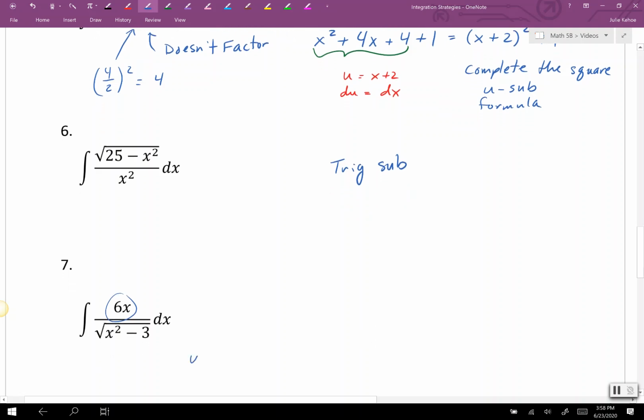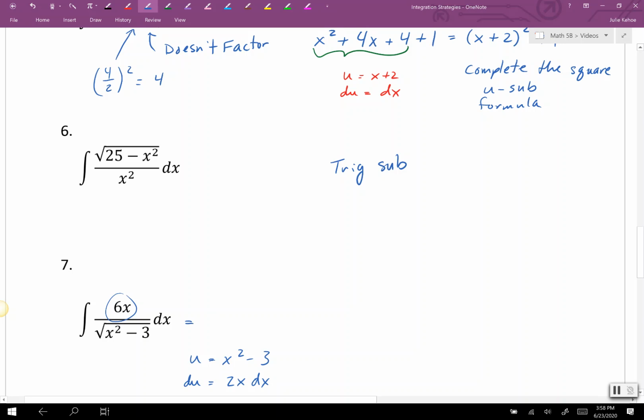So let's say that I made u equal to everything inside the root on the bottom. Then du is 2x dx, taking the derivative of x squared minus 3. And that is something that I can work with here.